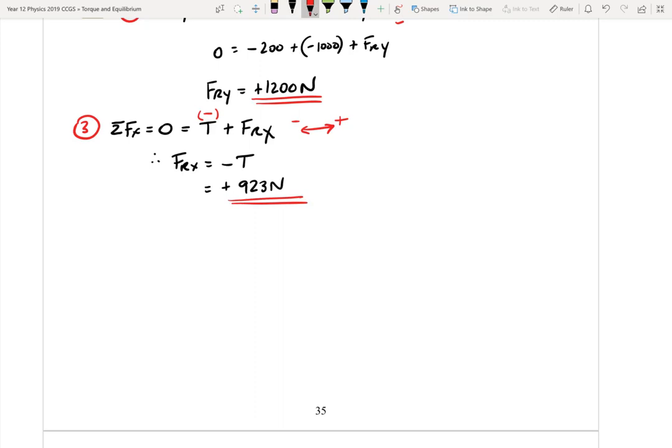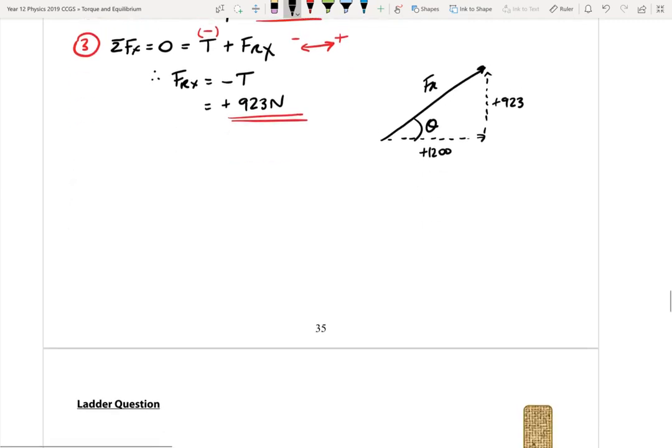Okay? Then, last step. We've found both the components, the vertical component and the horizontal component. We now need to simply combine them both using Pythagoras and tan. Okay, so we've got plus 923, plus 1200, and theta.